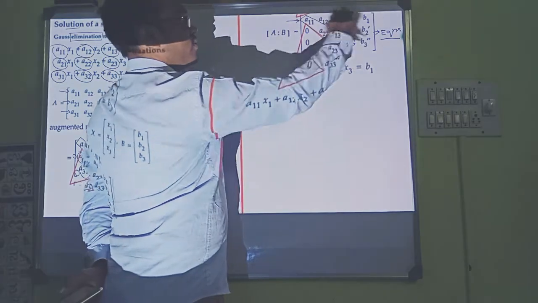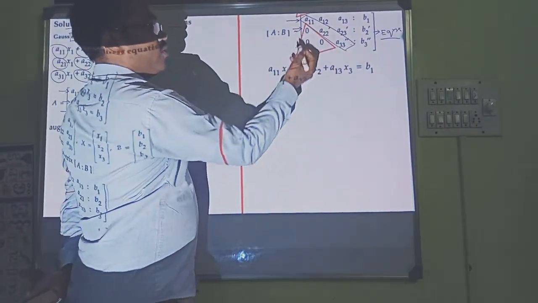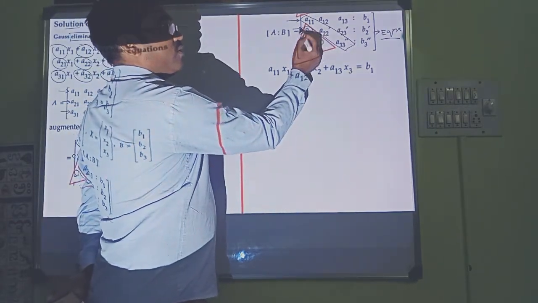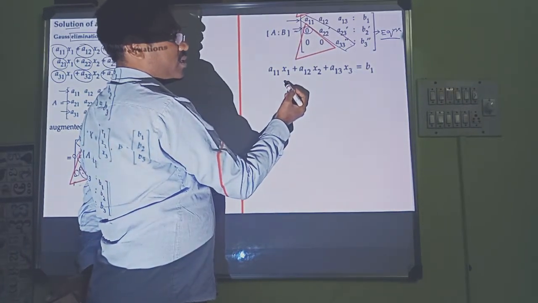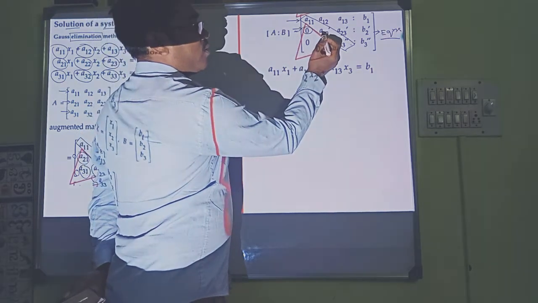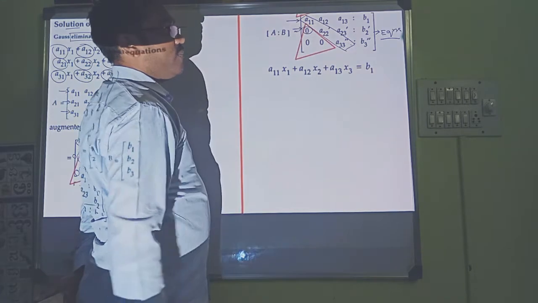This is the first equation we write. Then from the second row we write the second equation. Since we have 0 here, the coefficient of x1 in the second equation is 0, so we will not write the x1 term.